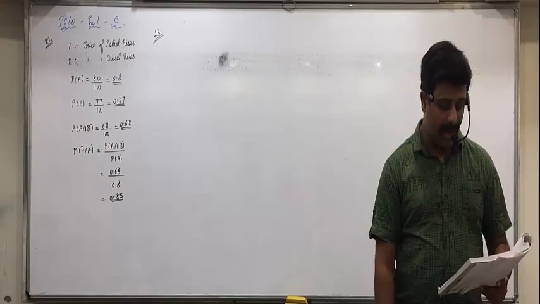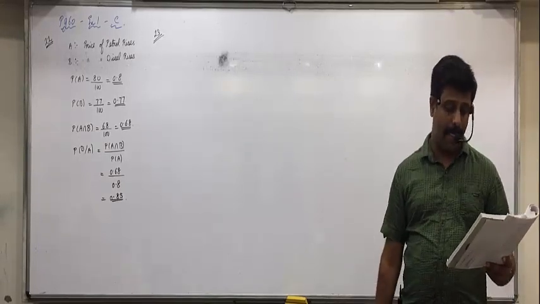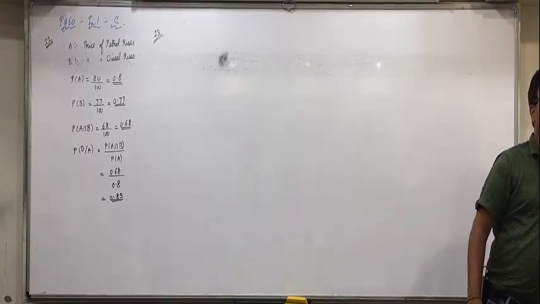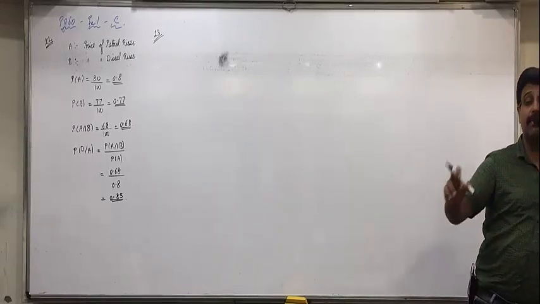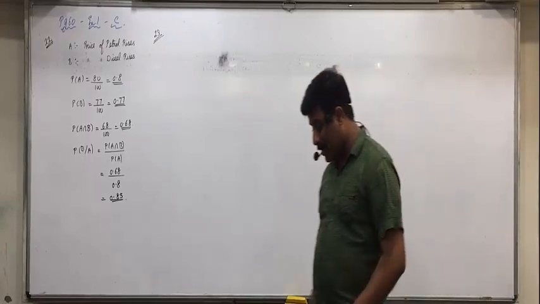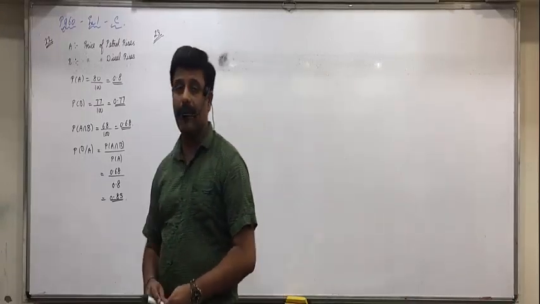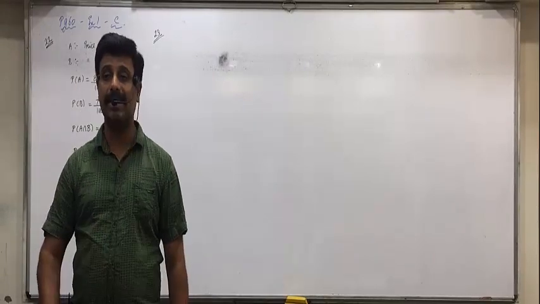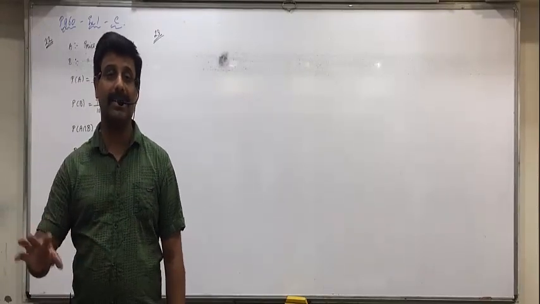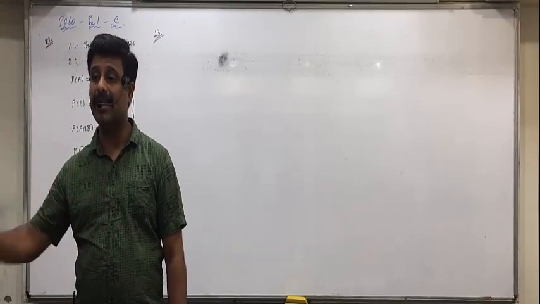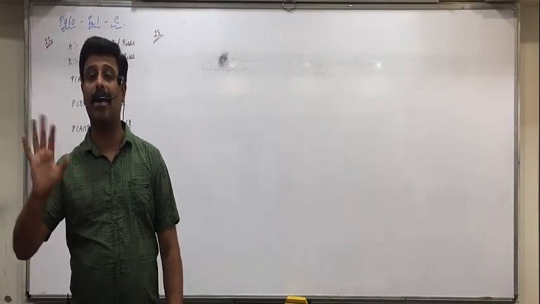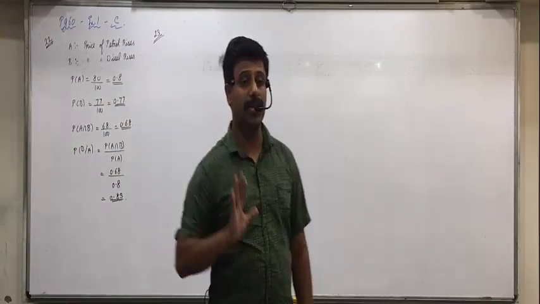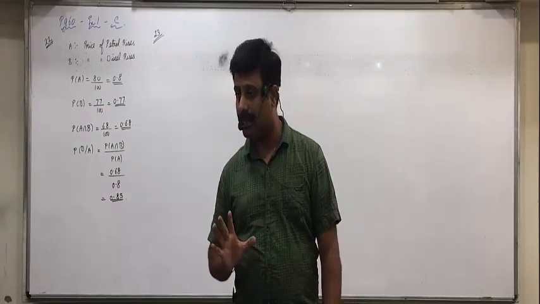Find the probability that it rains on at least one of the 3 days, that is A union B union C. Now tell me, is it possible that it rains on Thursday and Friday also? Yes. Thursday and Saturday? Yes. Friday and Saturday? Yes. Thursday, Friday, Saturday? Yes. Means the events are not mutually exclusive. Intersection is possible.